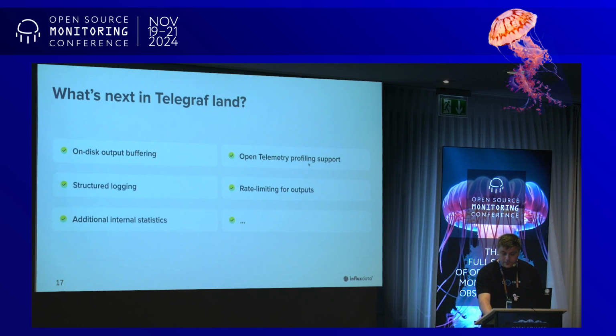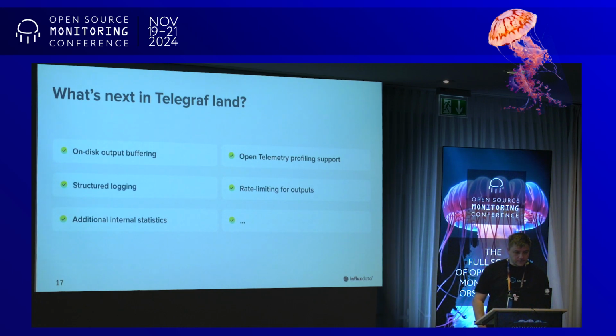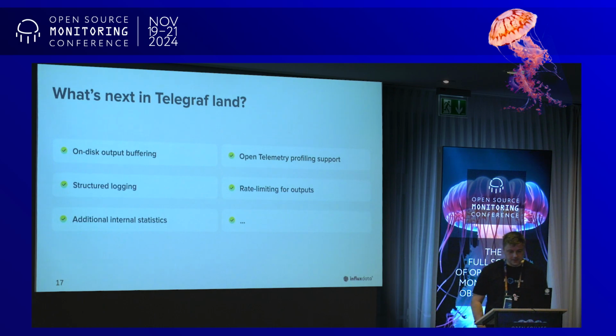We were one of the first collectors that supported OpenTelemetry profiling support. So the PR is in since, I don't know, 3 months or so. We support structured logging. We work on rate limiting for outputs because currently we write as fast as we can, which is often a problem because you can easily overload your data sink if a lot of Telegrafs are blocked and come back.